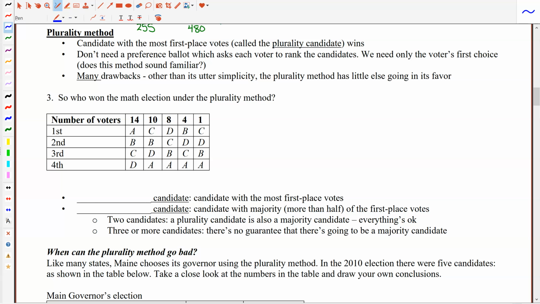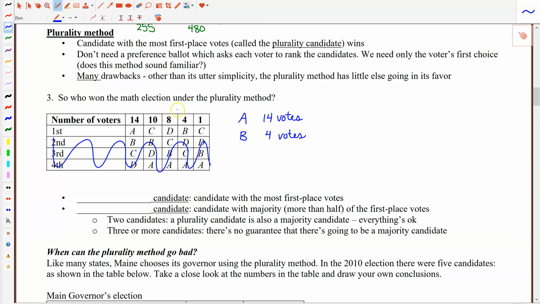So under our math club election, I've repeated the preference schedule right here. Now remember, we only really need the first place vote. So who the person voted for first, second, and third, we really don't need all this information. I just need my first place votes. So looking at this for candidate A, I'm going to run across here. Candidate A got 14 votes. Candidate B is listed right here, so they got 4 votes.